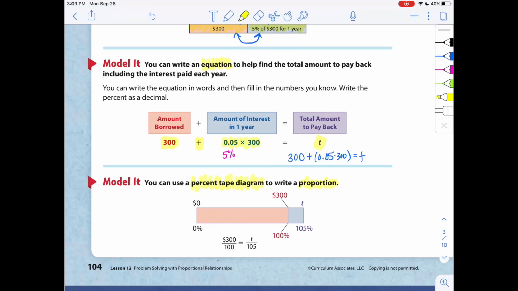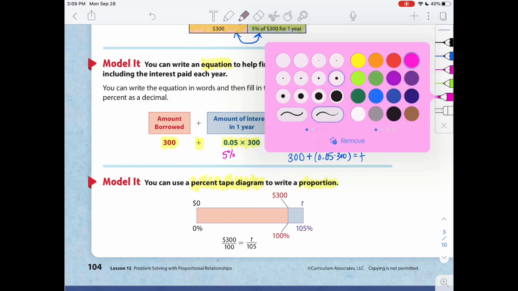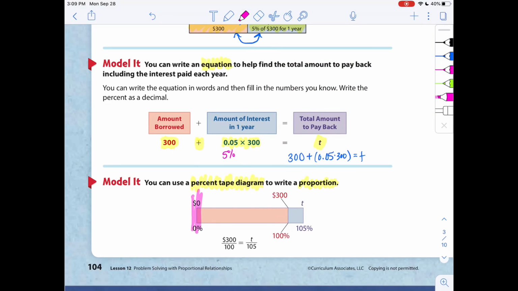If you notice, the diagram starts at $0 and 0%. And then as you move along the diagram, 100% lines up with 300. So again, 300 is the amount that he borrows. So he's borrowing 100%, $300, but then he has to pay back a little bit more.